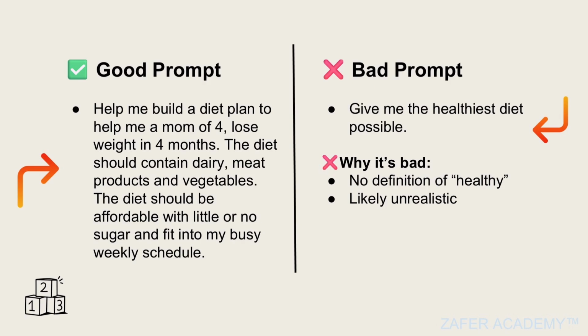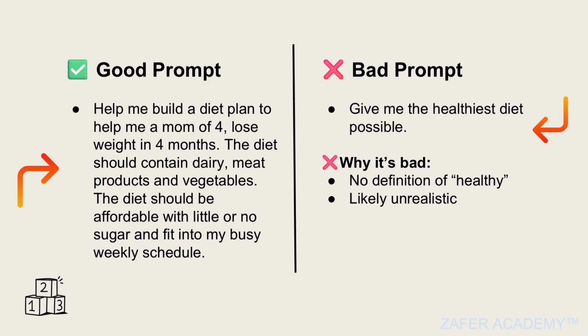Let's look at the good prompt. Help me build a diet plan to help me, a mom of 4, lose weight in 4 months. The diet should contain dairy, meat products, and vegetables. The diet should be affordable with little or no sugar.